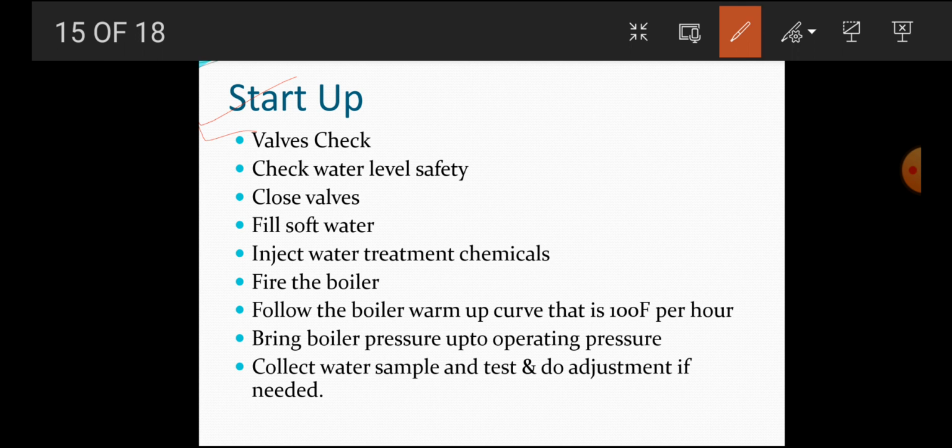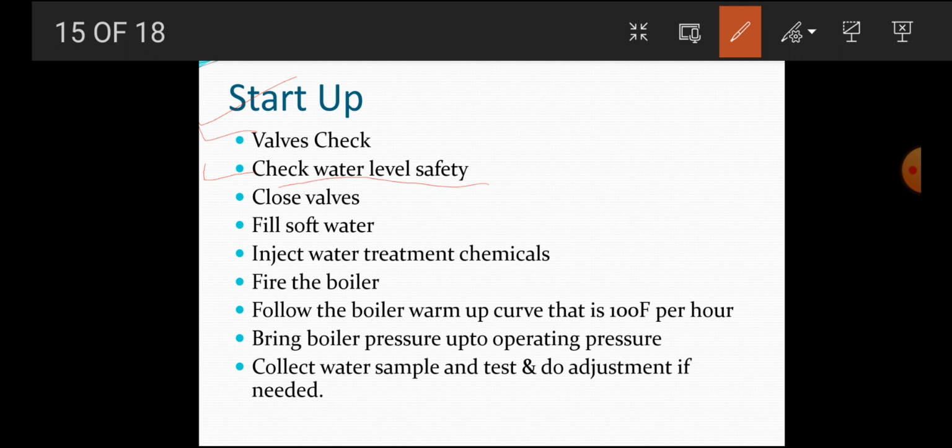Then second, check the water level safety. The second step is to open the side gauge and water column, high and low water shut off valves to make sure that water level safety controls are blown out.